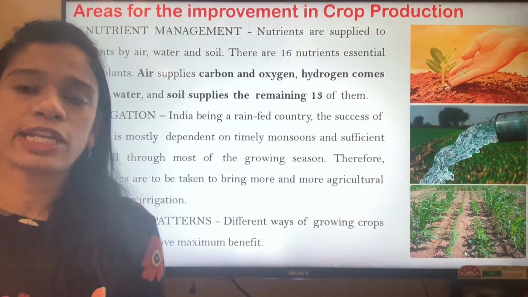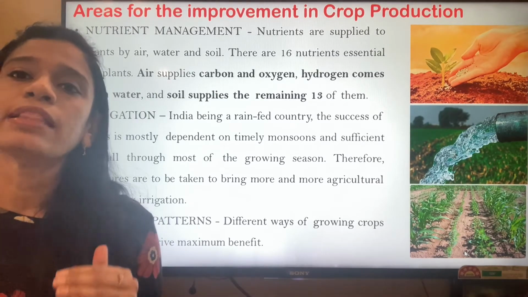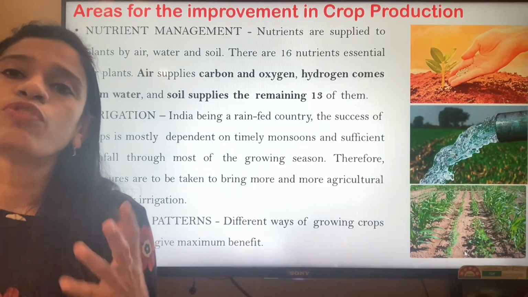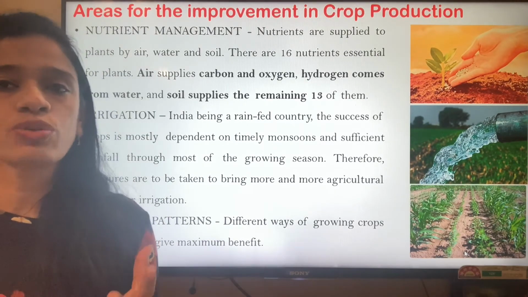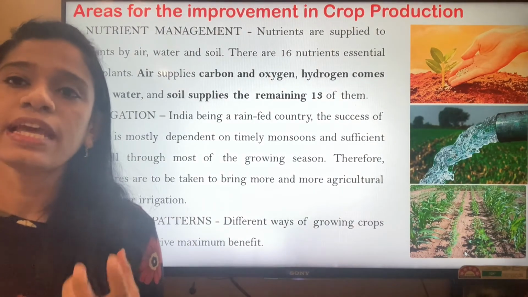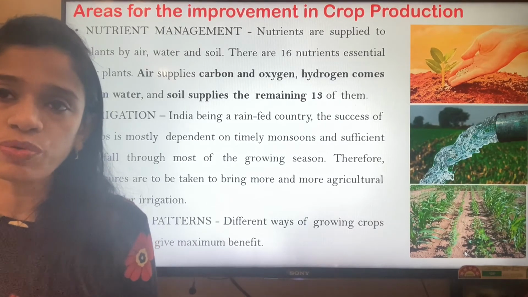When the food is adequate, proper and nutritious, obviously the person or the living being is healthy. So for plants also, in order to have proper growth and a proper yield, they have to be healthy and they have to be given proper nutrition.